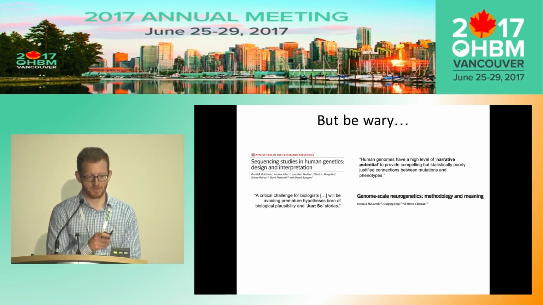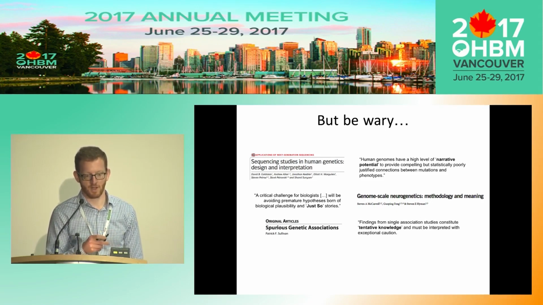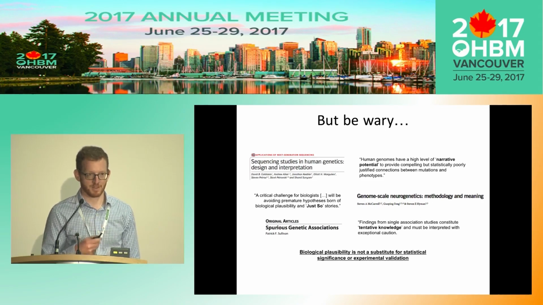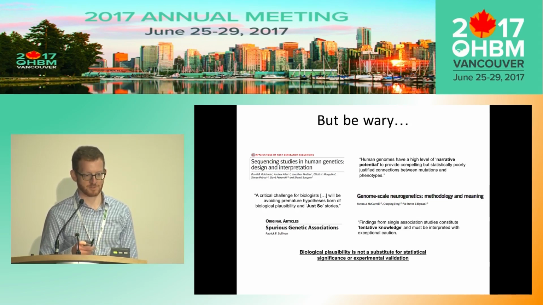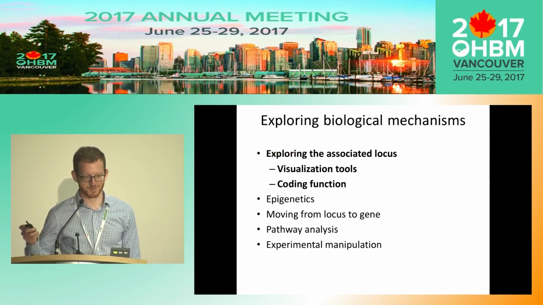Another: a critical challenge for biologists will be avoiding premature hypotheses born of biological plausibility and just-so stories. And finally: findings from single association studies constitute tentative knowledge and must be interpreted with exceptional caution. So this is just to say biological plausibility is not a substitute for statistical significance and is not a substitute for experimental validation. So be careful, but having said that, let's go and explore some tools.